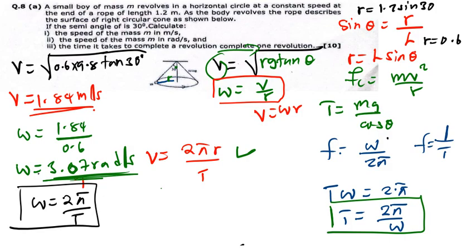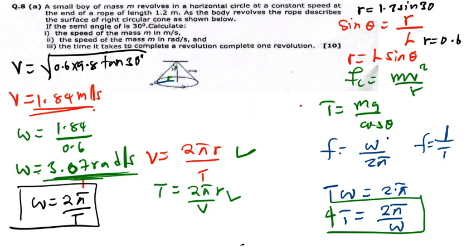The period will be equal to 2 pi r divided by V. If I use this formula or the other formula, I'll end up having the same answer. One thing we should know is that we can use any, but we are going to end up with the same answer. Let's try to use both and see if we get the same answer.